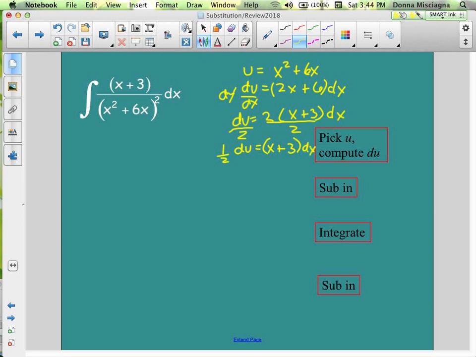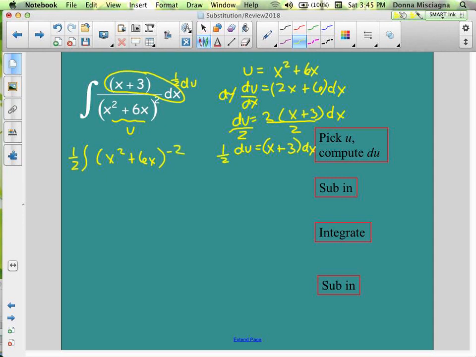All right, so we'll replace all of this with the du, and we'll replace this with the u. So that gives us the integral of, and then we'll put the 1/2 outside. Oh, actually, we're replacing the x plus 3 dx with 1/2 du. So we have 1/2 times the integral of (x squared plus 6x) to the -2 power.